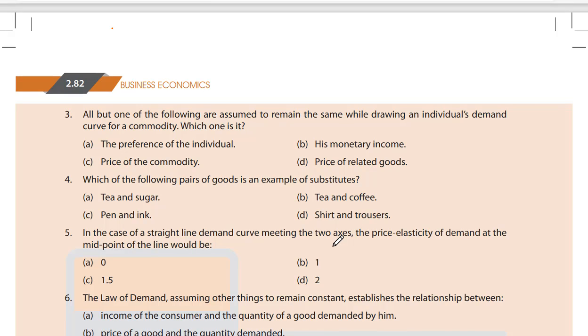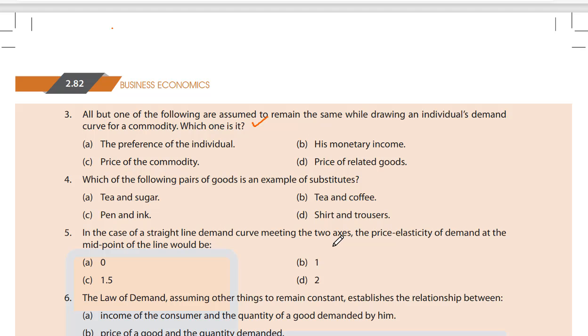Third, all but one of the following are assumed to remain the same while drawing an individual demand curve for a commodity. Which one is this? The preference of an individual, his monetary income, the price of the commodity, and price of related goods.